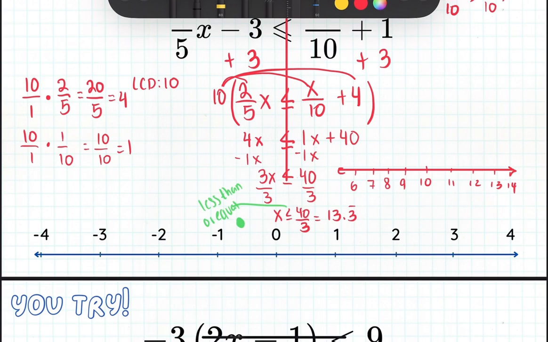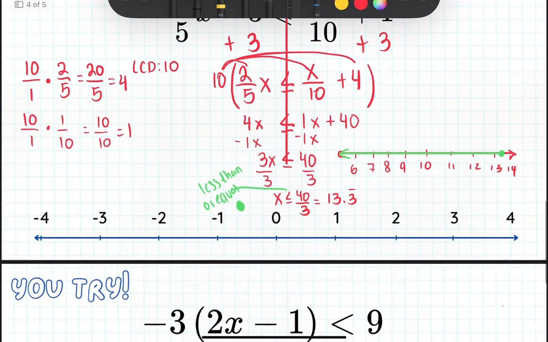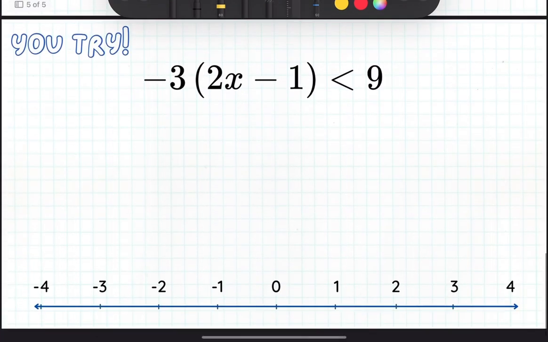And since it's 13.3 repeating, we're going to place that closed circle in between 13 and 14, a little bit closer to the 13. And then we just put it facing whatever's less than 13.3, which is all these numbers here. Anything that is to the left, like that. And that's it. So try this last problem out, and when you're ready, unpause the video and let's work on it together.